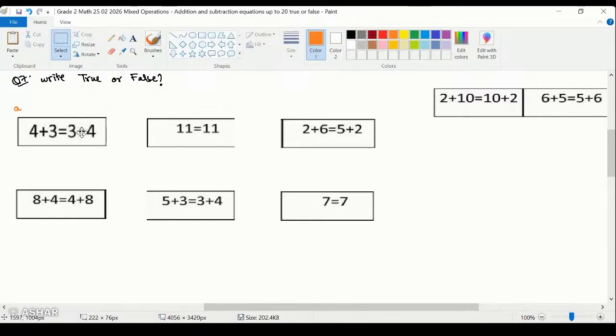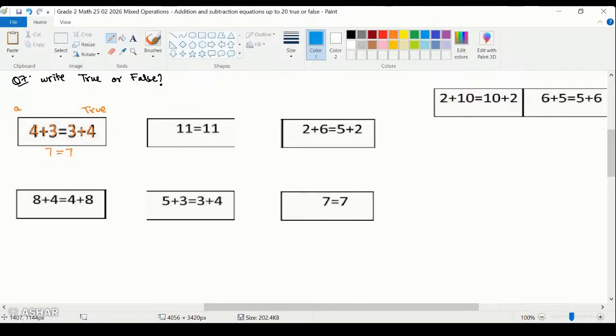Are they both the same answer? We know that 4 plus 3 is equals to 7, and 3 plus 4 also equals to 7. That means they both are equal. So this is a true statement.